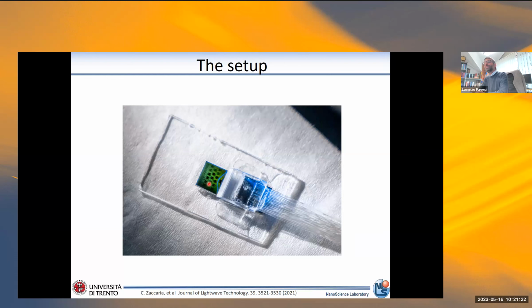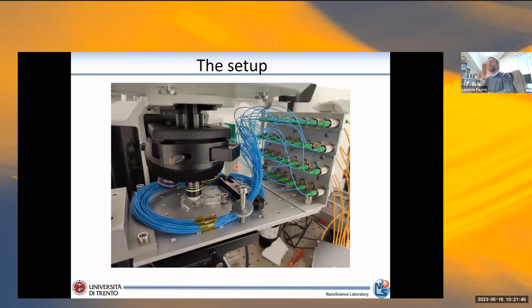Now in the photonic circuit, by using grating couplers, we are placing, in a given position, a scatterer. So we place points where the light is scattered out from the circuit and then is sent to the neuronal culture. And then we grow neurons on top of this photonic circuit.